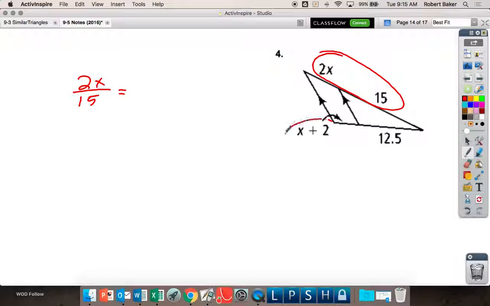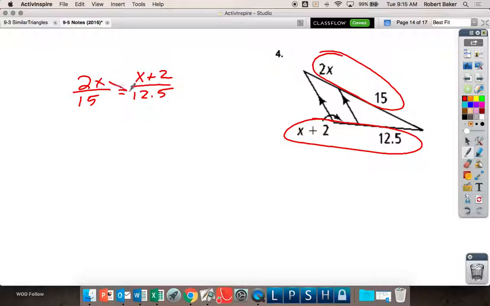And then x plus 2 over 12.5 is your other proportion. Yay, I love multiple x's and decimals. The problem that keeps on giving. Cross multiply. Which one do you want to cross multiply first?